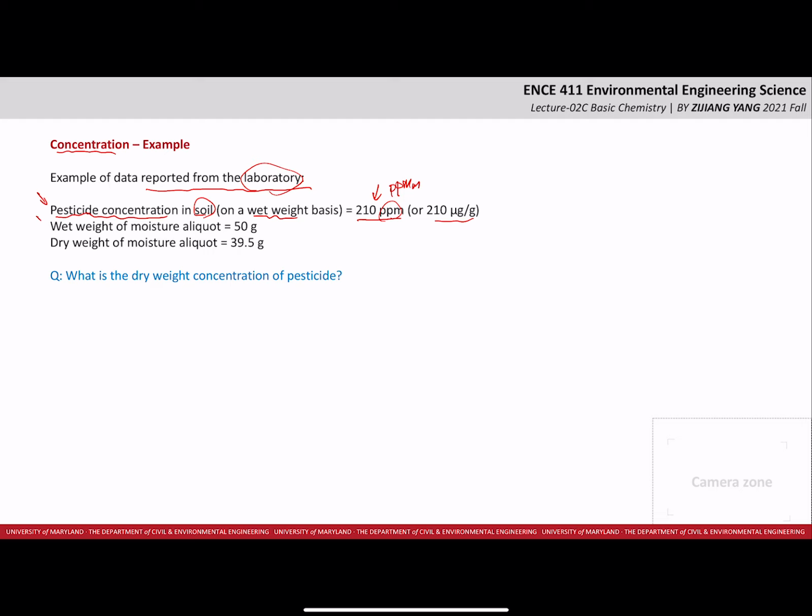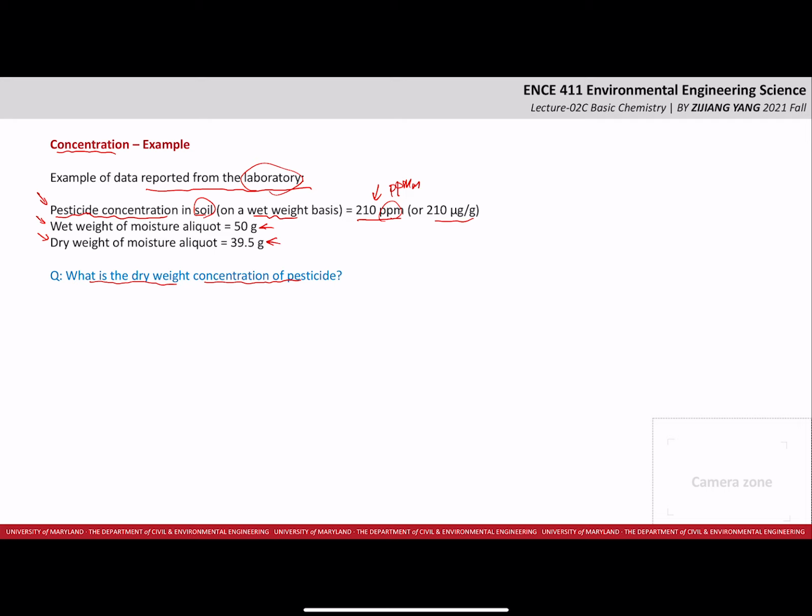And then the wet weight of the moisture aliquots is this mass, and the dry weight of the moisture aliquots is this mass. So the question is, what is the dry weight concentration of the pesticide?